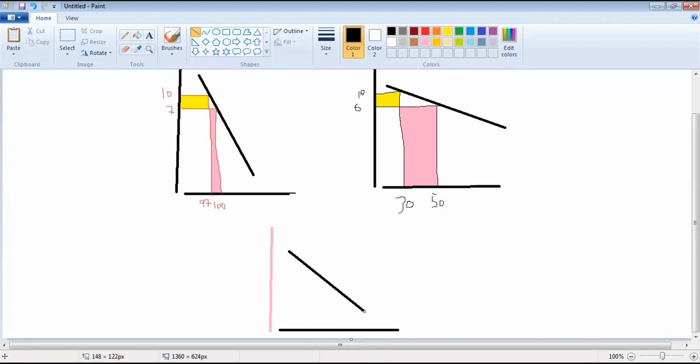That means the change in price will be exactly the same as the change in quantity demanded. So if you see the change in price here, it's the same as the change in quantity demanded.